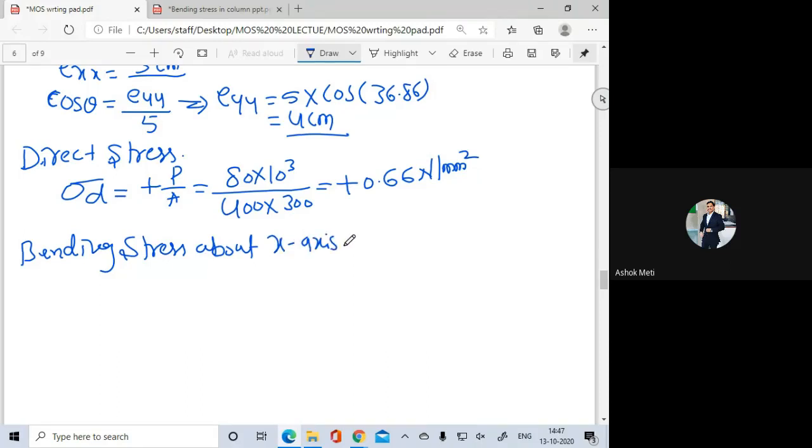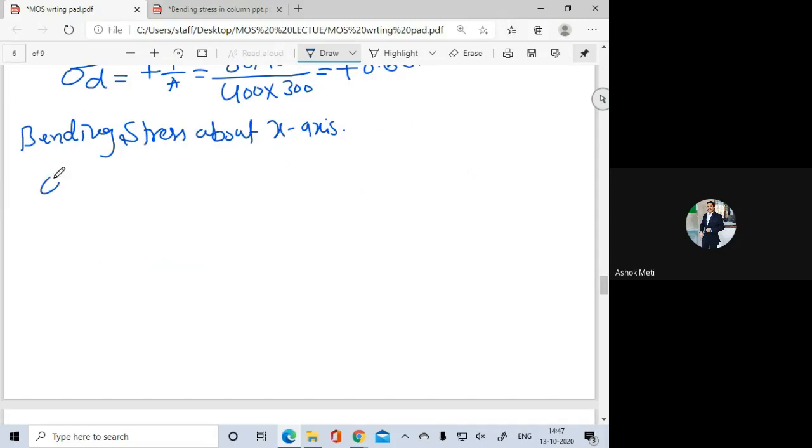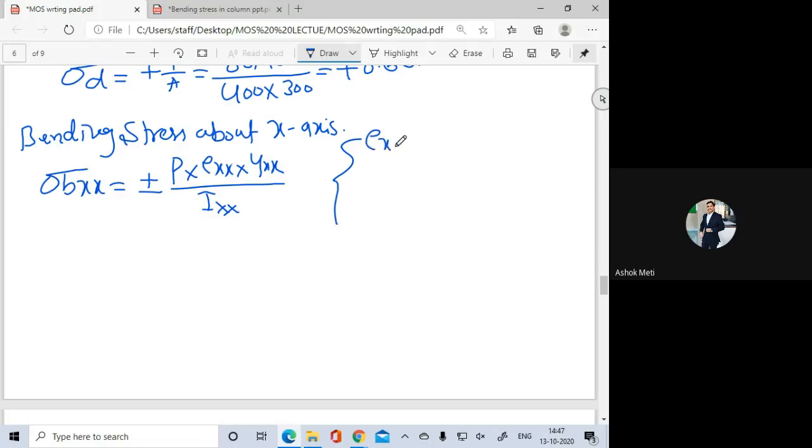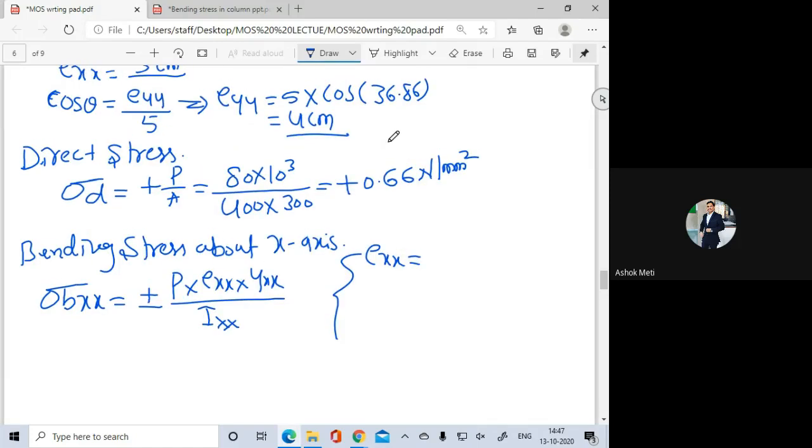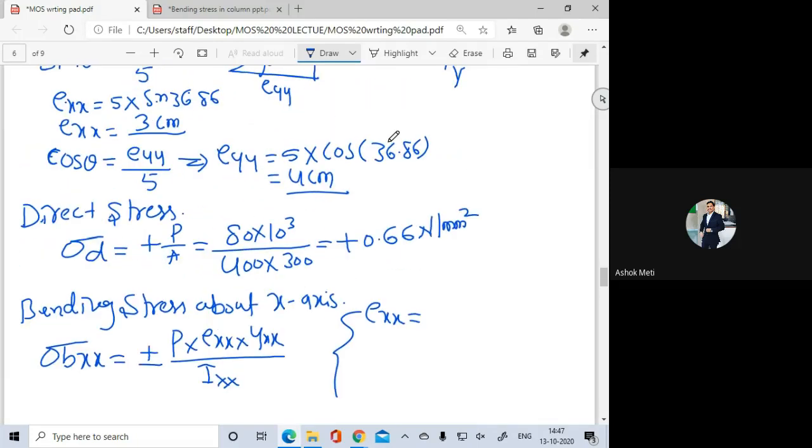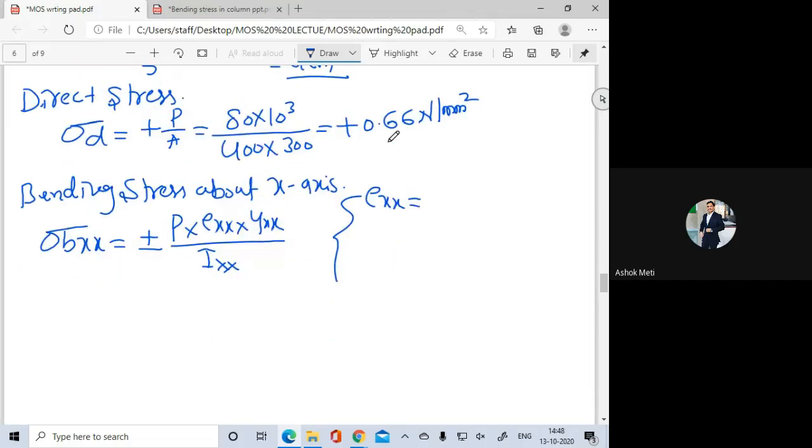So bending stress about x, that is sigma b about x equal to plus or minus p into exx yxx upon ixx. Here we know that exx is already calculated, it is 3 centimeter, which converted into mm will be 30 mm.